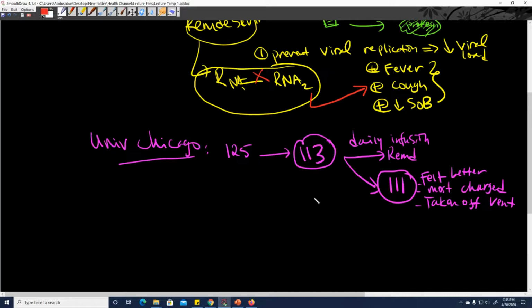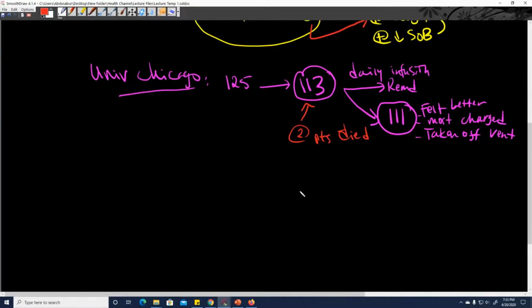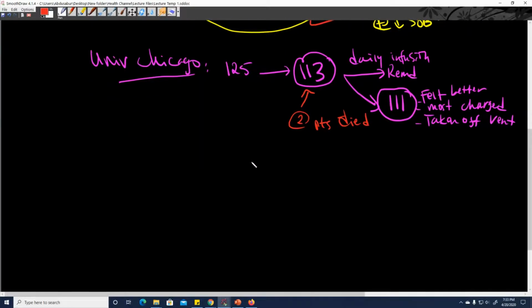Around 2 patients died, which is not bad considering the number of patients with severe illnesses that they started out with. Now, the problem with this study is, for one, it's not published.